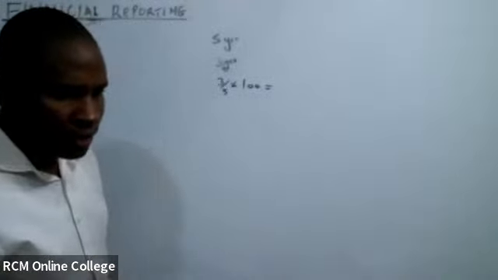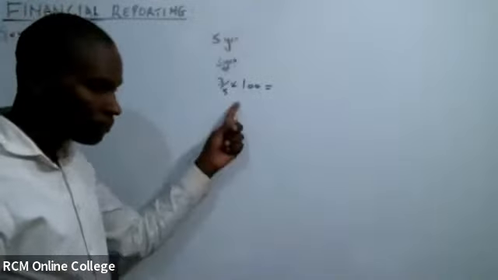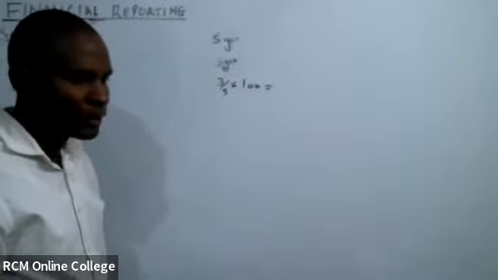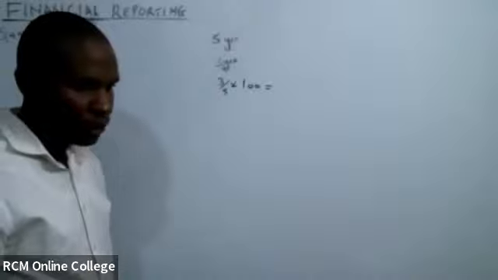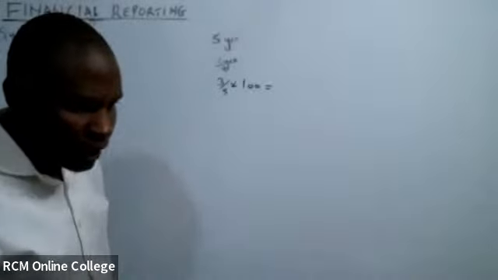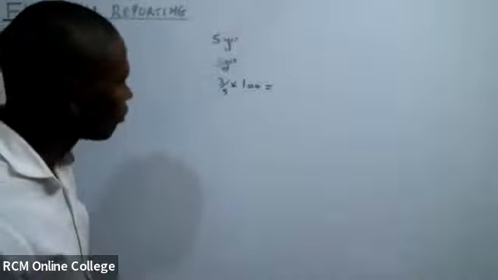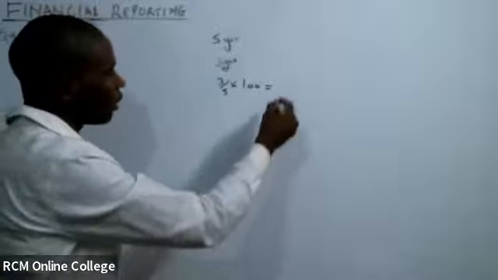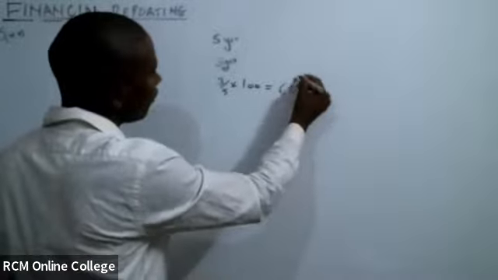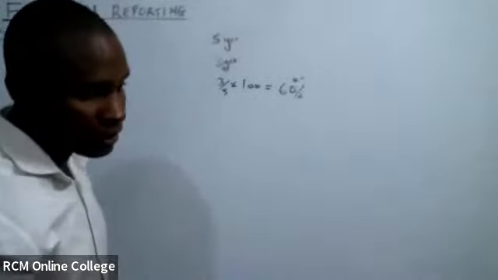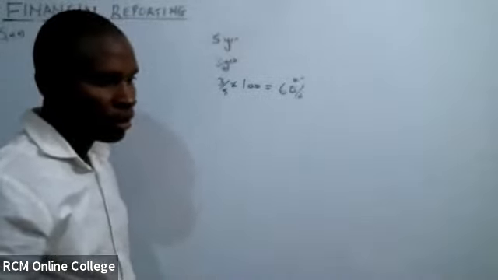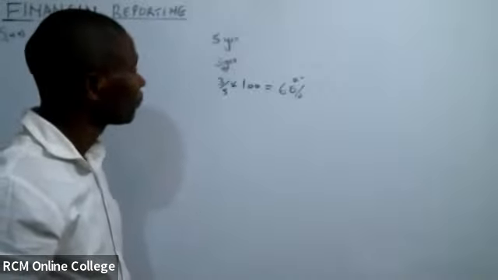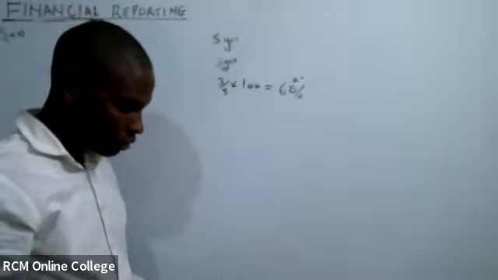What is the proportion of the useful life? It is 60%, 3 over 5. So it is not going beyond 75.